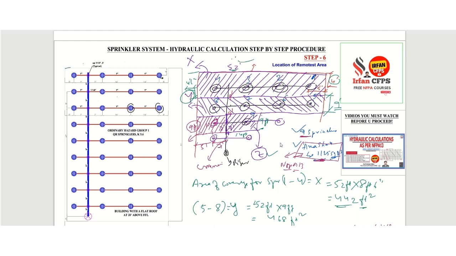See, this should be a straight line. I am not having a ruler, so I am just trying to draw a straight line. And from here, as per this drawing, we are just going to implement the same thing here till half portion of this will be covered by these sprinklers. So here we will put the noding later on, and half portion will be covered by these sprinklers.